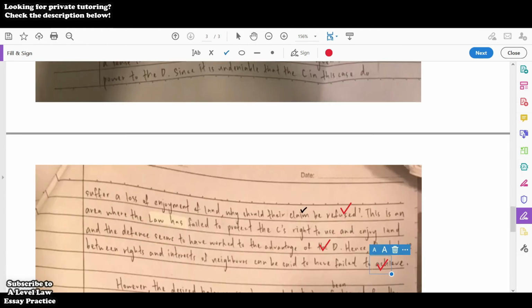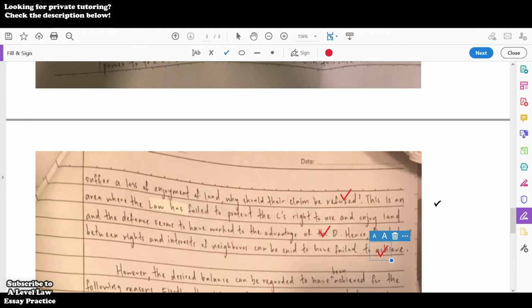If you look at your textbook, there's also the discussion about alternative statutory remedy, whereby within the statute itself, as much as it provides a defense for the defendant to avoid nuisance, there is some way for the claimant to still claim compensation, but that claiming of compensation is through the statute itself. So it'd be good to look that up.